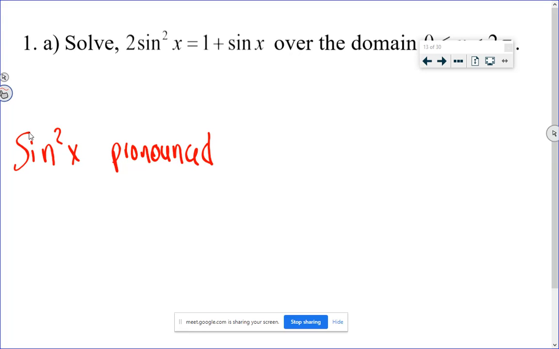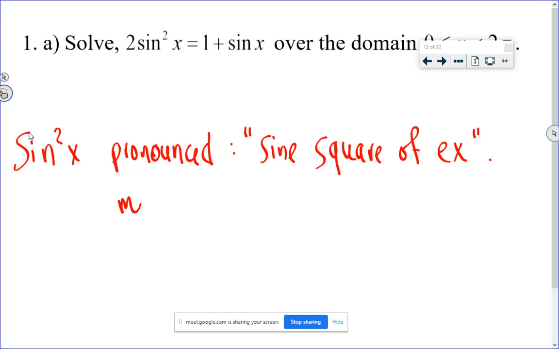You know what, I don't care. It's a math class. Pronounced sine squared of x. What it means is sine of x quantity squared.